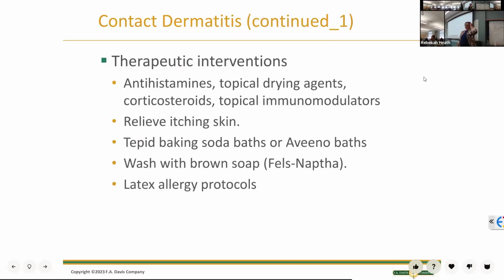Therapeutic interventions, right? Well, we want to give probably antihistamines to help with that allergy reaction, and then give symptom management, things to soak with, having medication that might help. You also want to make sure latex allergy protocols are followed. And I can't remember, again, somebody this week in their homework did a really good job of talking about the patient who had the allergy to latex, the catheter, that makes sure that we follow these protocols.